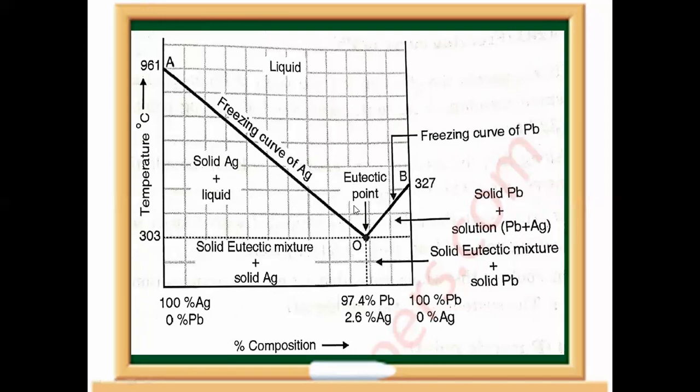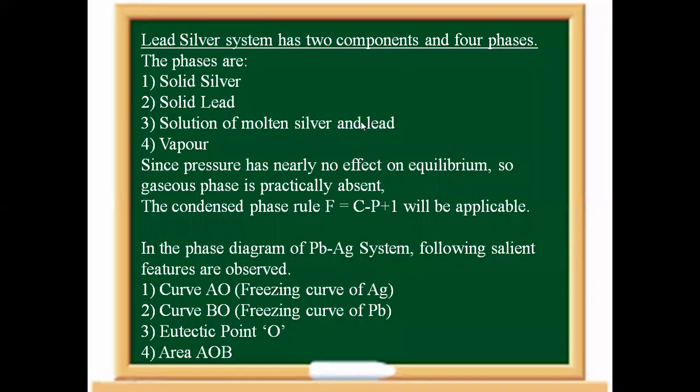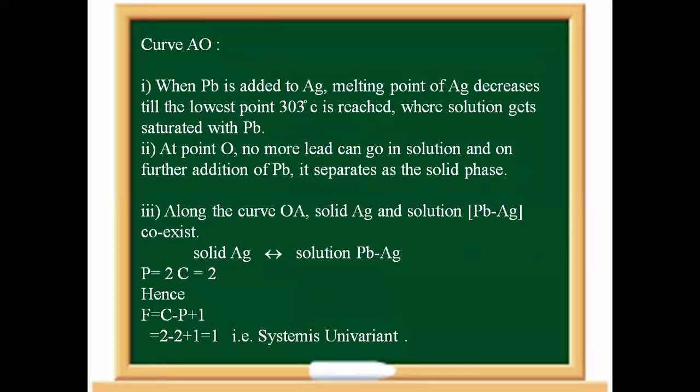So just let me show you the number of phases along the curve AO and BO. Okay, so along the curve AO, there is solid silver and solution, saturated solution of lead and silver.